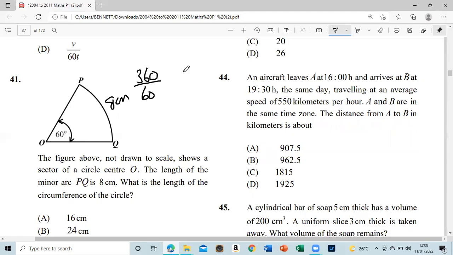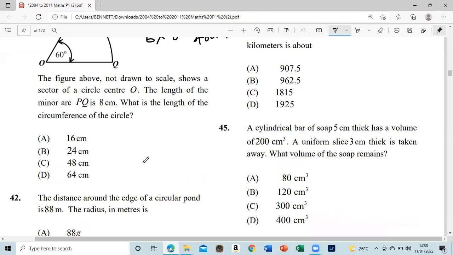Six, right? So we'll get 8 centimeters, so 6 times 8 would be 48. And that would be the perimeter. No need to complicate it, it's very simple. Perimeter is the circumference, all right? So that's very easy also. All right, so that would be C.